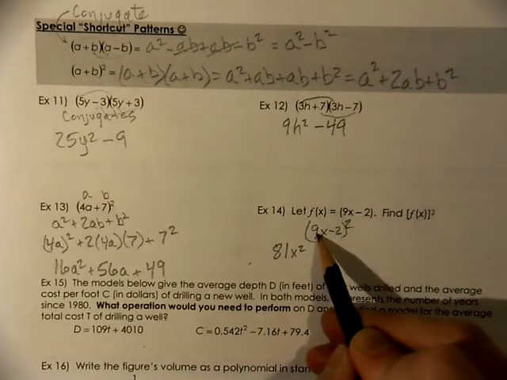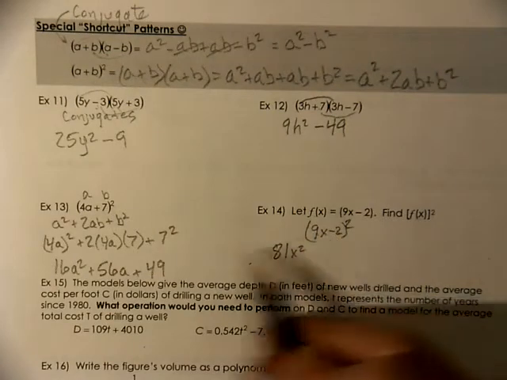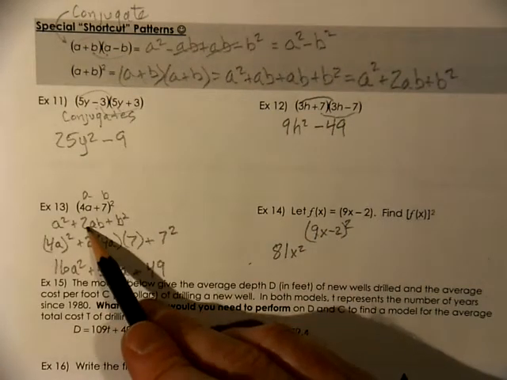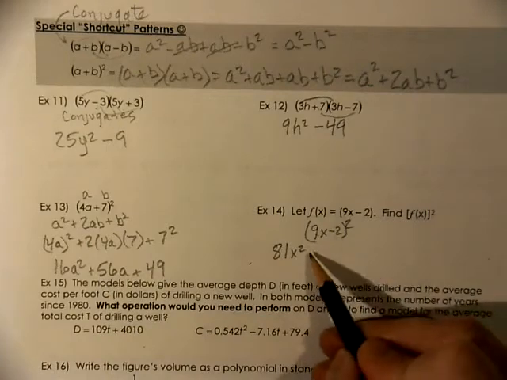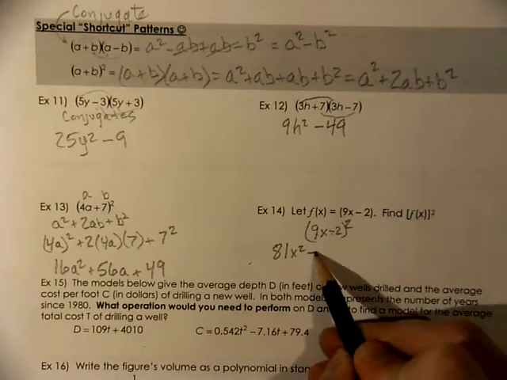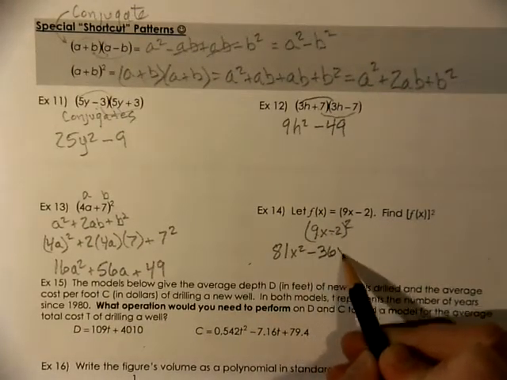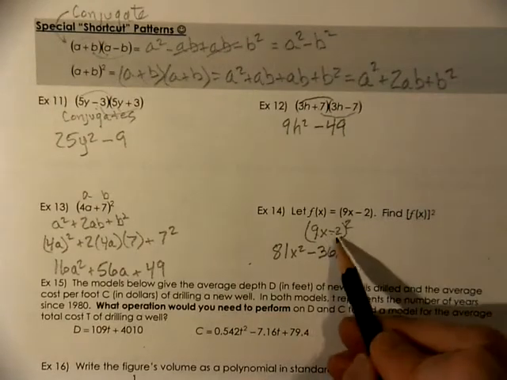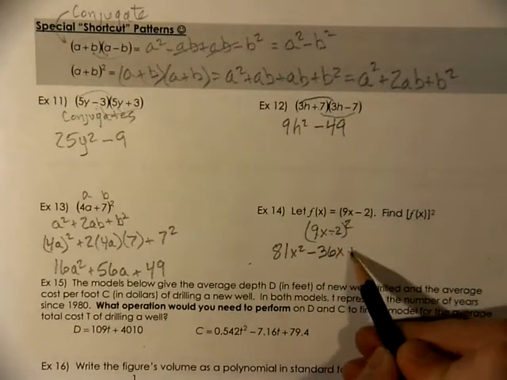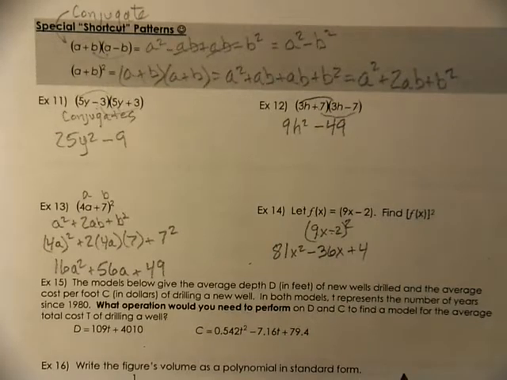You have to multiply the 2 together, which is 18. 18 times 2, remember the pattern, gives us 36. This is going to be a negative 36. And then we're going to square our b term, which is positive 4. So that's a real quick way to calculate out a binomial being squared.